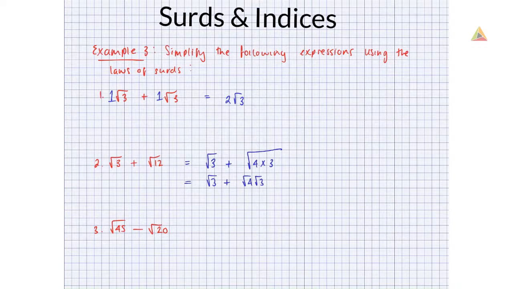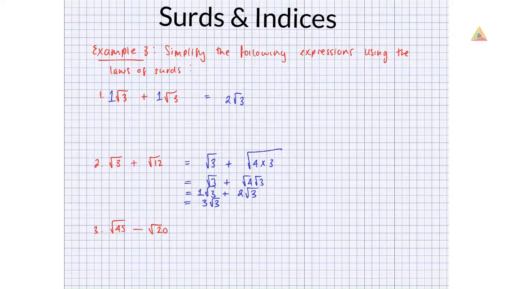Root 4 gives you 2, so it's going to be 2 root 3. And that's saying 1 root 3 plus 2 root 3, which gives you 3 root 3. And that's the answer to question 2.